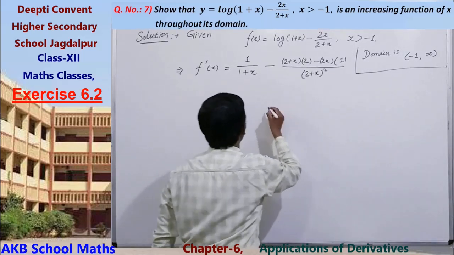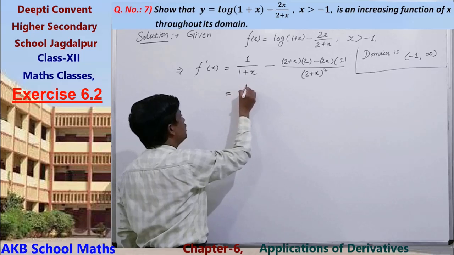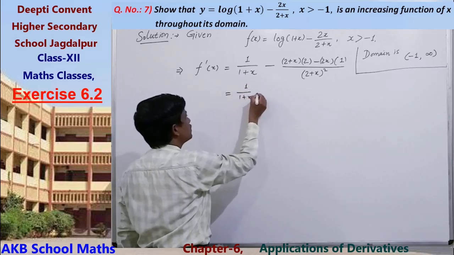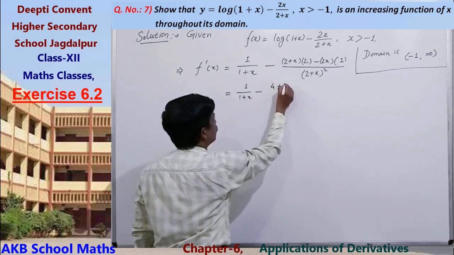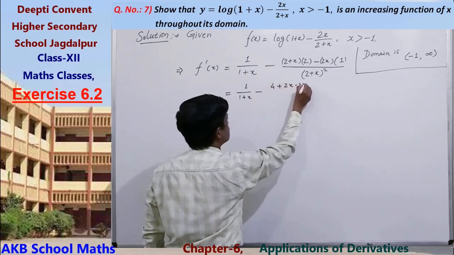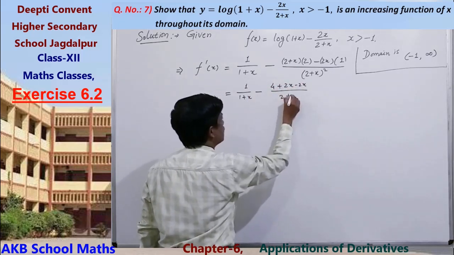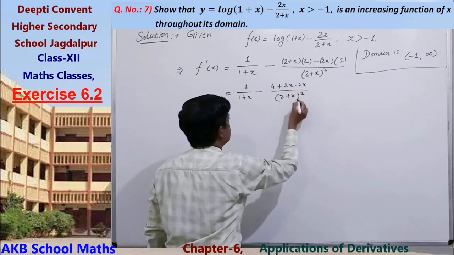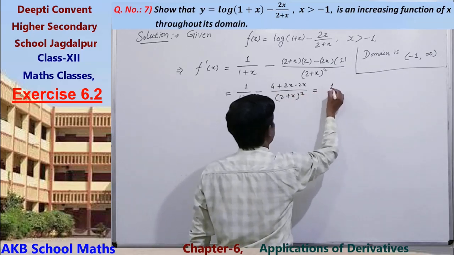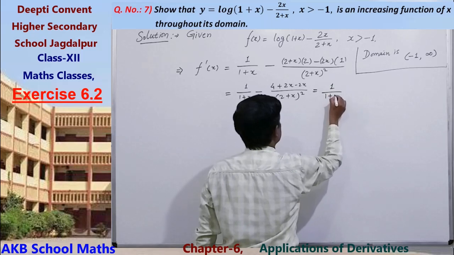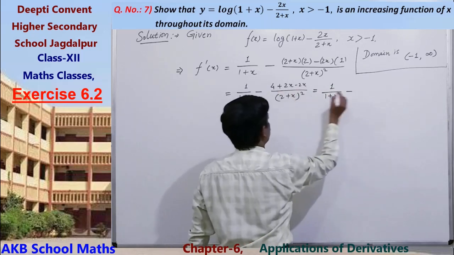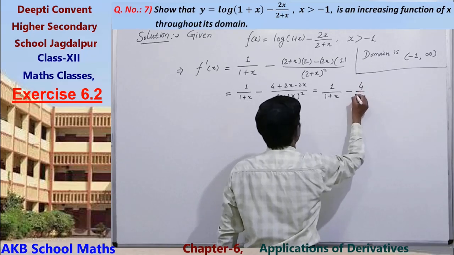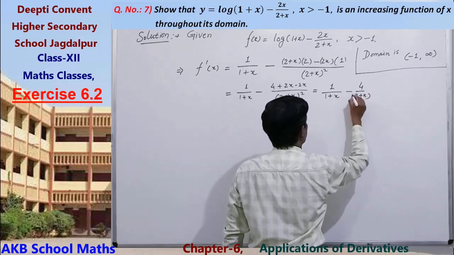This is the derivative. Now simplifying it: 1 upon 1 plus x minus, upper side 2 times 2 plus x, that is 4 plus 2x minus 2x, upon 2 plus x square, so 2x cancels and we get 4 upon 2 plus x square.